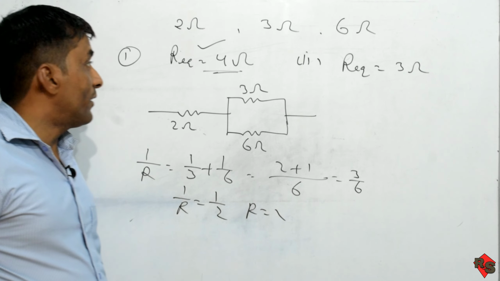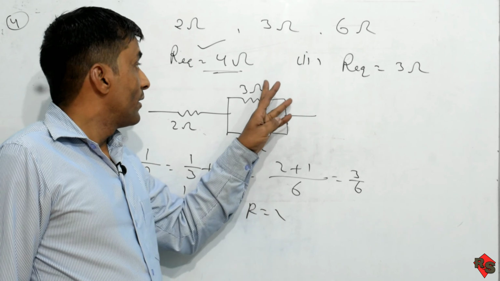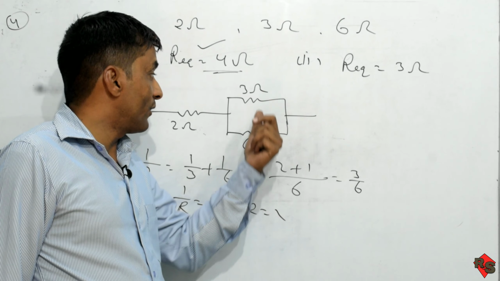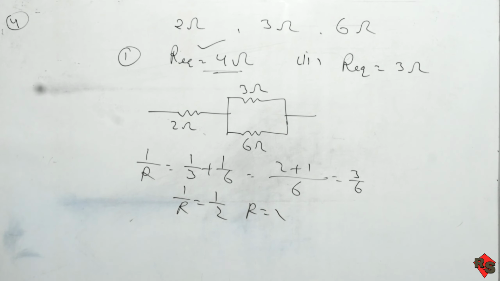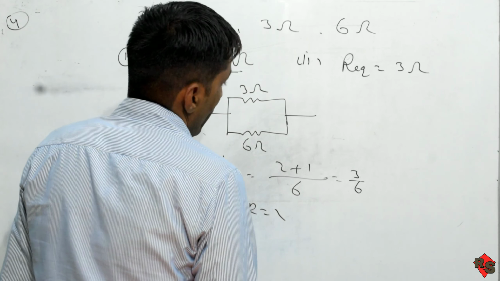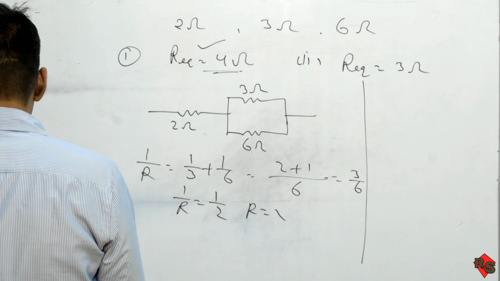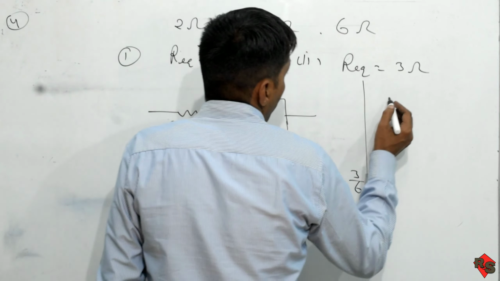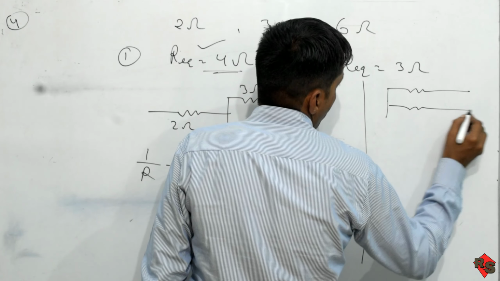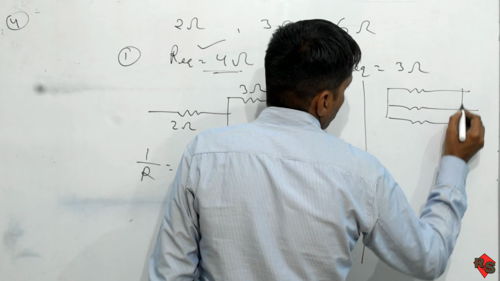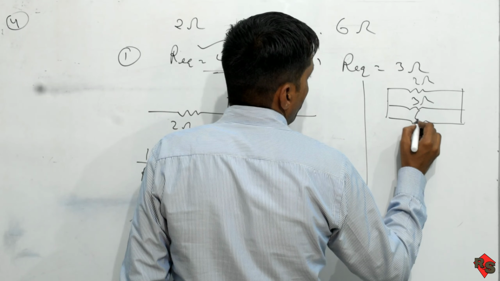So if we want the R equivalent to be 4 ohm, then two resistances should be in parallel, that is 3 ohm and 6 ohm, and the resultant is in series with 2 ohm. And for the next, R equivalent is 3 ohm, so we can connect all three in parallel. Two ohm, 3 ohm, 6 ohm.